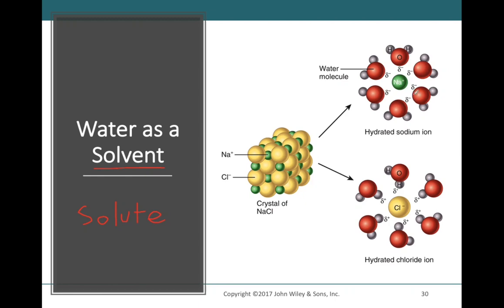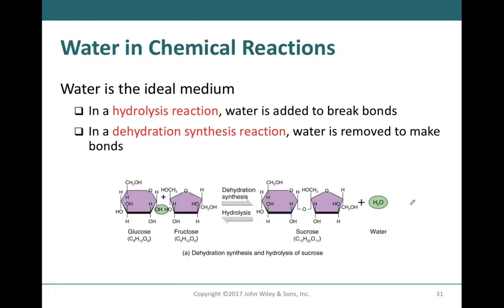But there's a difference in how water interacts with each of these. Water's oxygen, with a partial negative charge, is oriented around sodium, while around the chloride ion we have the partial positive charges oriented around chlorine. So water does function as a solvent. Again, this is the idea of water being a very polar compound. It can interact with both positive and negative particles.